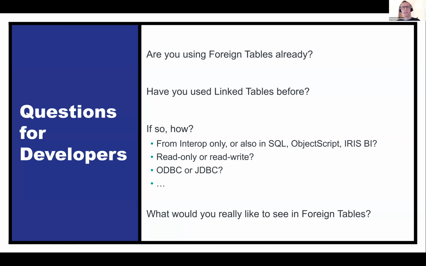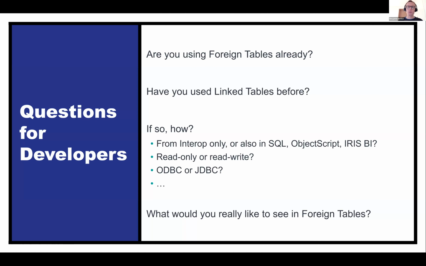Our link tables were designed 15, maybe 20 years ago, based on a JDBC gateway implementation. Then we also had link tables based on an ODBC gateway implementation, and they had different levels of integration with the SQL optimizer. To be honest, the code wasn't very pretty.